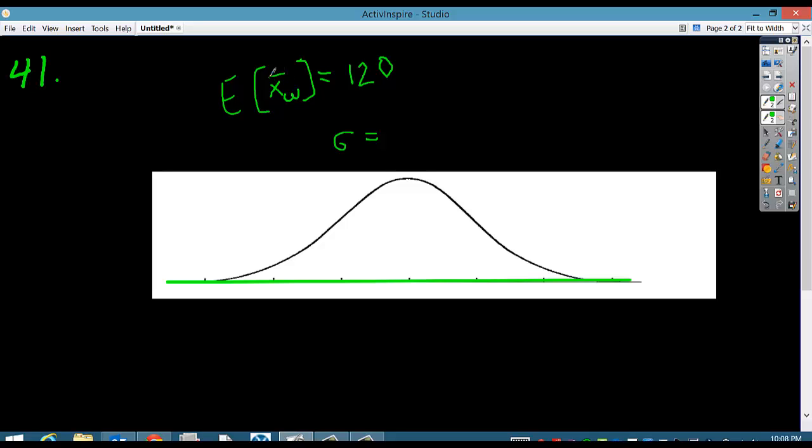The standard deviation is not going to be the same as the distribution of x sub w, which the problem says has a standard deviation of 10. When we take a sample mean, the bigger the samples we take, the smaller the standard deviation, the tighter it is around this 120.